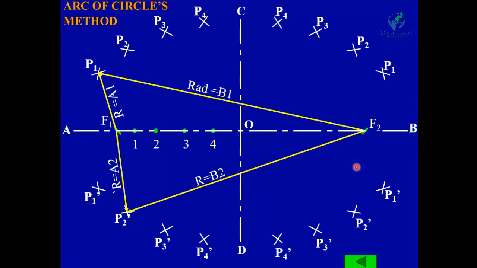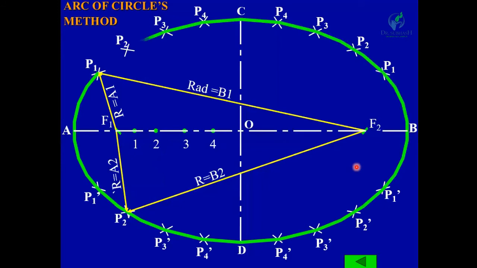Now join all these points by a smooth curve. This curve is known as an ellipse.